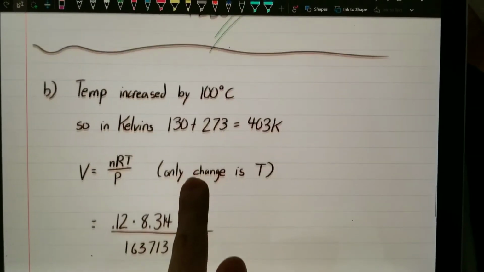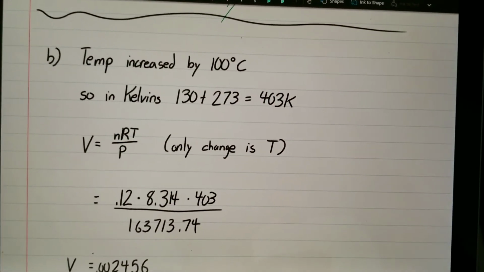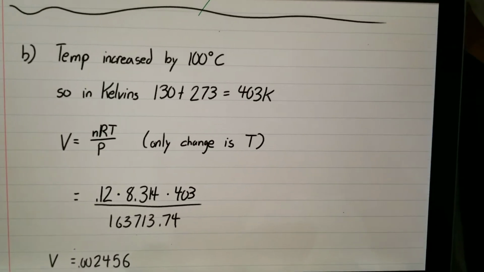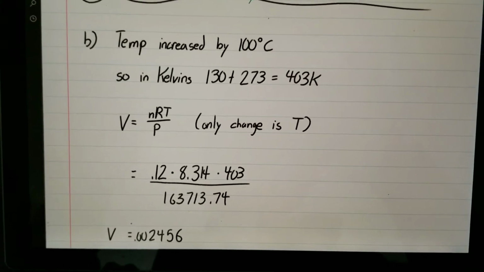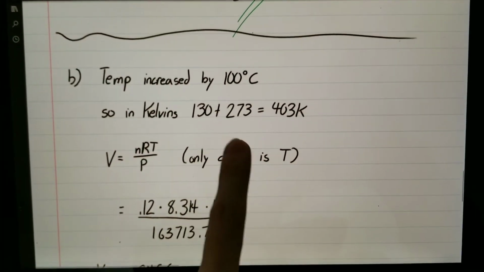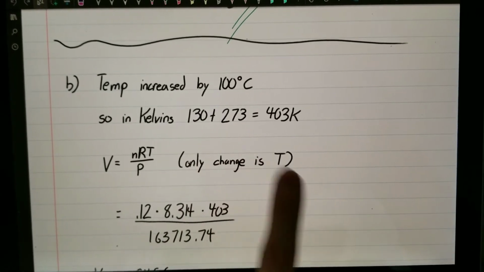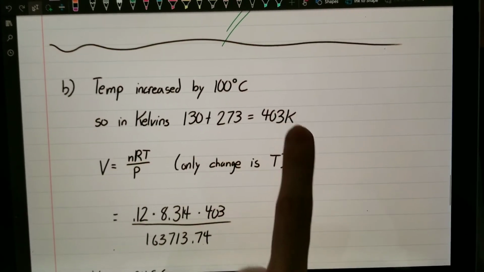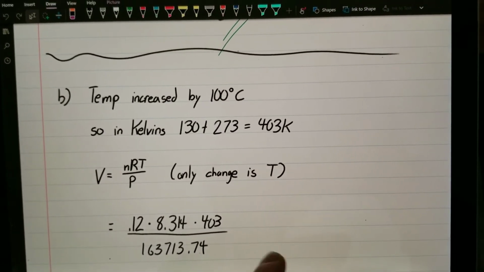Now, the temperature for the system has increased by 100 degrees Celsius. Now, that might seem complicated until you realize it only changes one value in our plug-and-chug equation. So rather than 30 degrees Celsius, it is 130 degrees Celsius plus 273. So our Kelvin value for temperature in our PV equals nRT equation is 403.